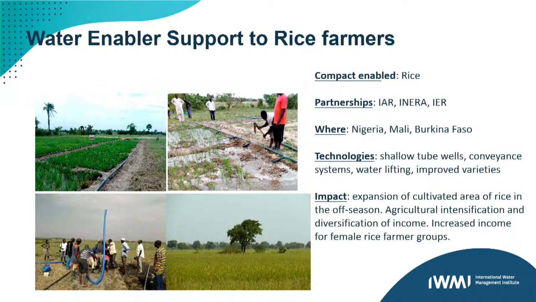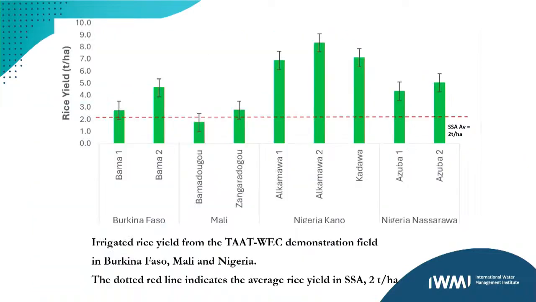In terms of participatory demonstration, which we had with farmers in 3 countries, Burkina Faso, Mali, and Nigeria, both in Alkamawa and in Nasarawa, we could see that the sub-Saharan Africa average rice production is around 2 tons per hectare, even as we speak. And of course, we know the challenge we're facing with importation of rice across Africa.